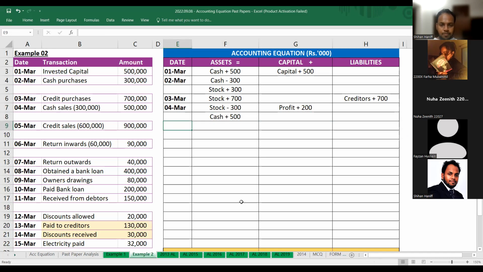Next, there is a doubt. Can I write trade payable instead of creditors? Yes, trade payables, creditors, same meaning.